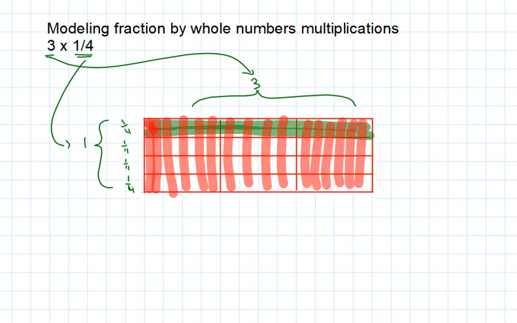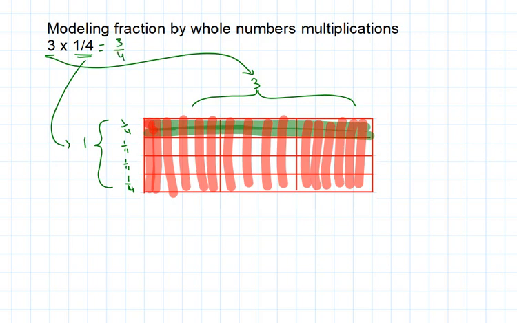So what we count is the area in common, which in this case is this one right here. So how much is each one of those? Each one of those is 1/4 by 1, which is 1/4. So we have 1/4, 2/4, 3/4. So the answer would be 3/4.